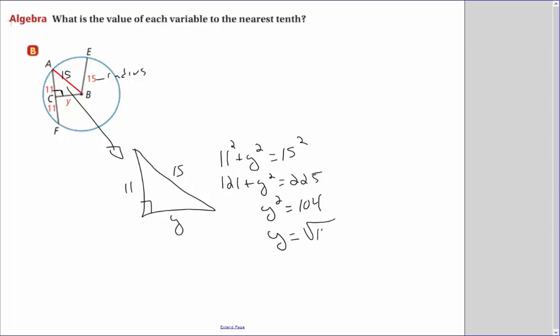Y equals the square root of 104 to the nearest tenth, which is 10.2 units. Now remember, y is not the entire radius, it's part of a radius.